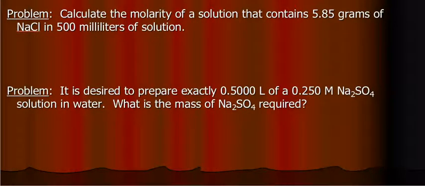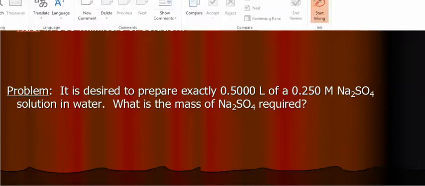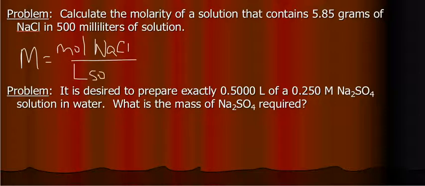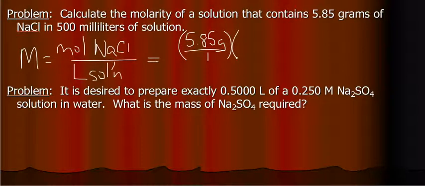First example, calculate the molarity of the solution. It contains 5.85 grams of NaCl, that's my solute, in 500 mL of solution. So molarity is moles of solute, which is in this case NaCl, divided by liters of solution. I have the mass of NaCl, so I'll start there, 5.85 grams. Has to be in moles, so I need the molar mass of NaCl.